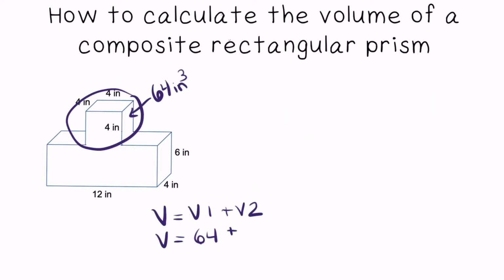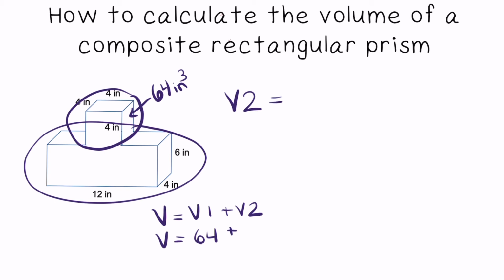Now that we know that the volume of the top portion of this composite figure is 64 cubic inches, we are now going to calculate the partial volume of the bottom part of this composite figure here. So in this case, we're going to be looking for the partial volume of this section of the figure.